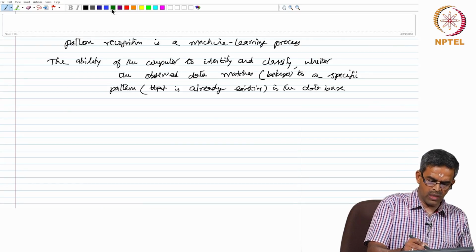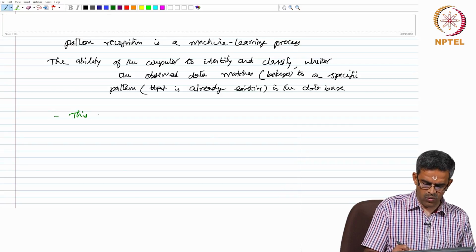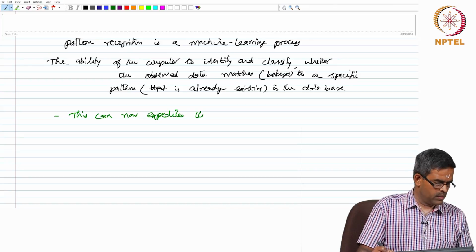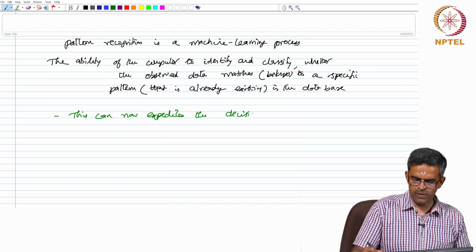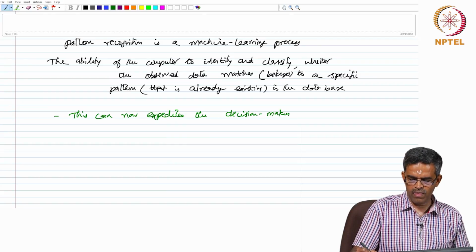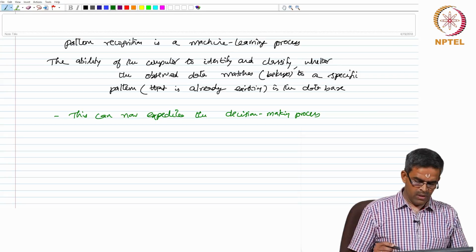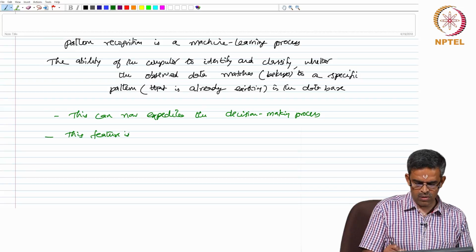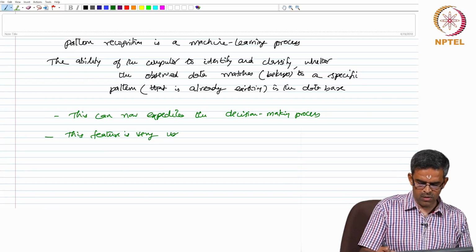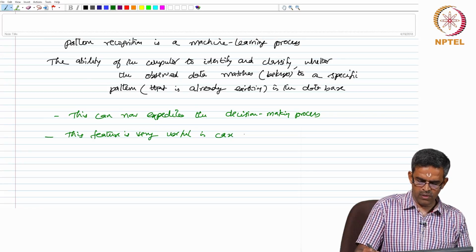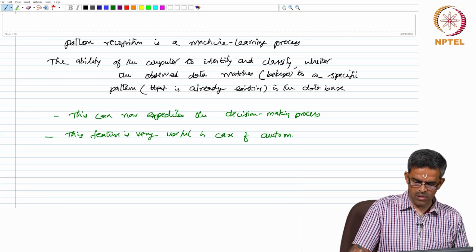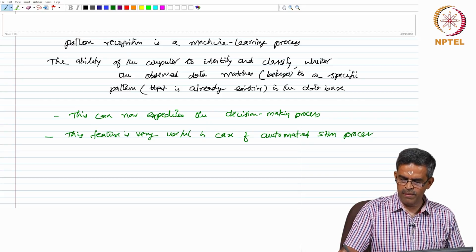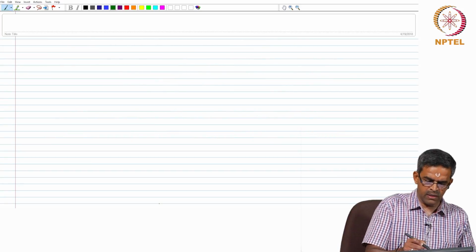Okay. So, what is the advantage of this? This can expedite the decision making process. This feature is very useful in case of automated SHM processes.